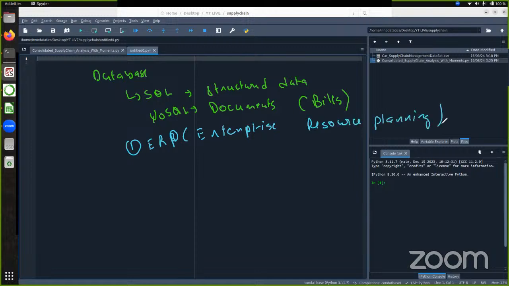This is a very commonly used system in the industry. In ERP, we will have things such as inventory level, production schedules, order status, and procurement data.